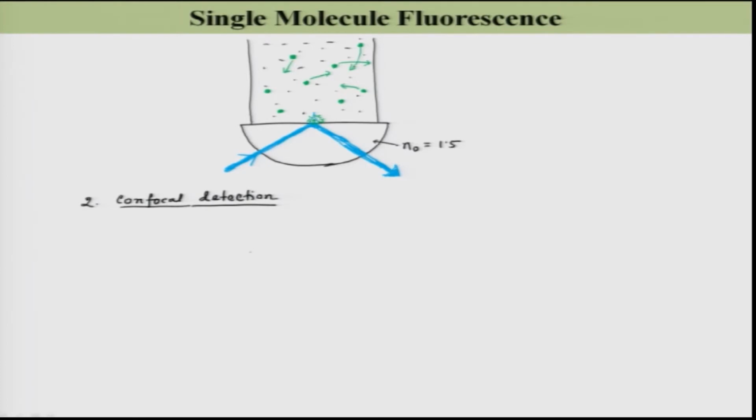Let me draw this lens over here. This is your incoming excitation light, and you tightly focus it to a very tiny spot. The best you can do is diffraction limited focusing. The size of the spot is diffraction limited, and that you can do with a laser.